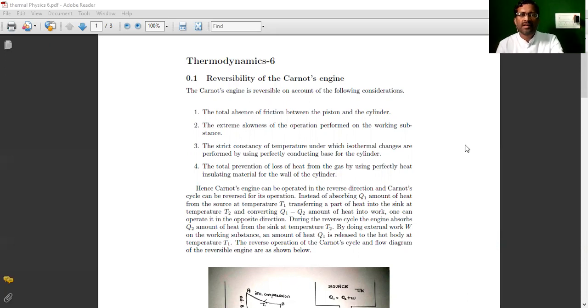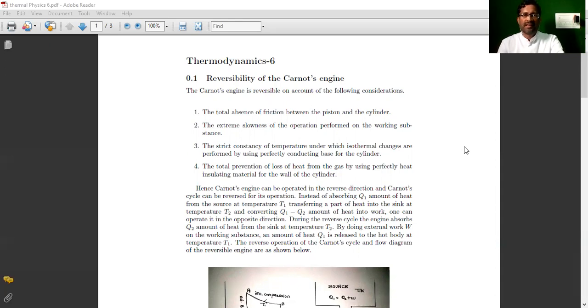The first reason is the total absence of friction between the piston and the cylinder. So whenever we discuss the piston in the cylinder, we have added a word called frictionless. So friction is totally absent between the piston and the cylinder.